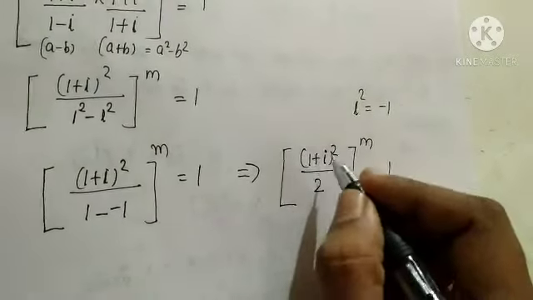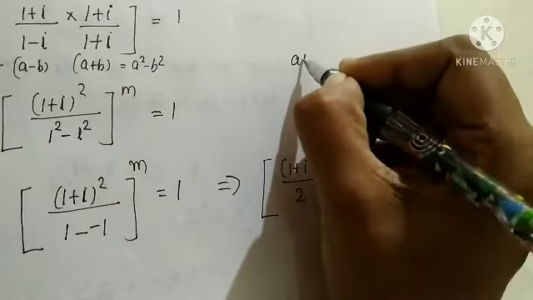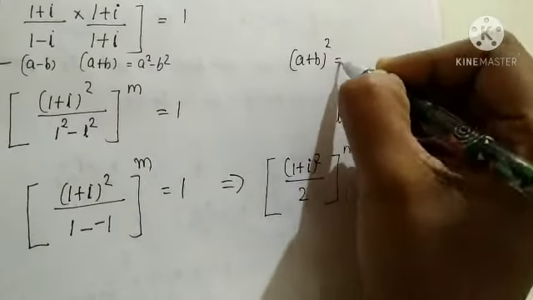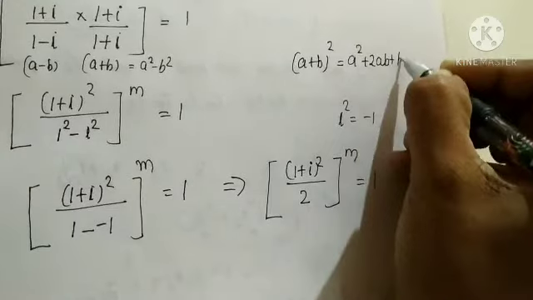Next, (1 plus i) whole square I am going to expand using the identity (a plus b) whole square is equal to a square plus 2ab plus b square.